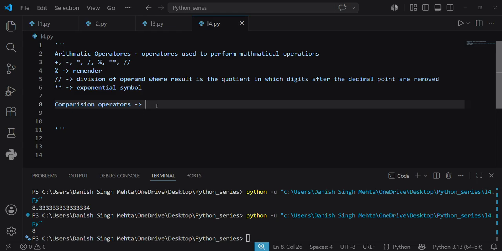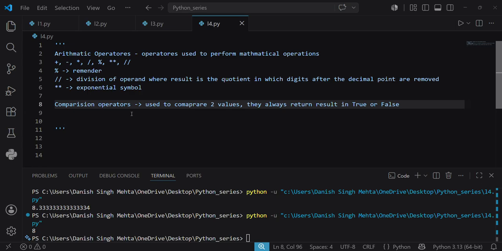So basically comparison operators, as you can see from the name comparison, these operators are used to compare two values, and they always return result in true or false.